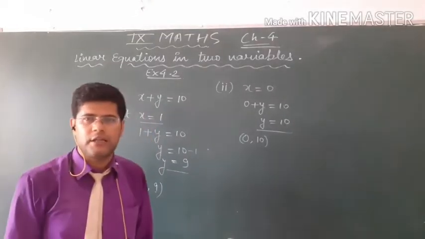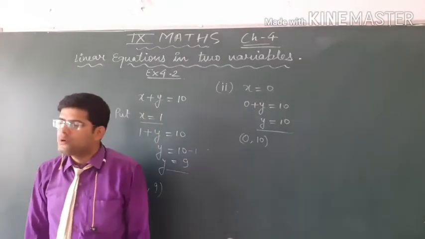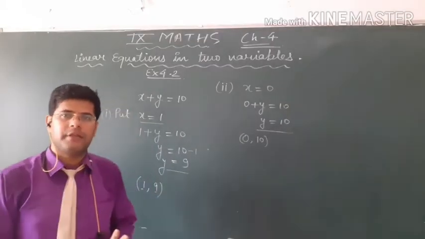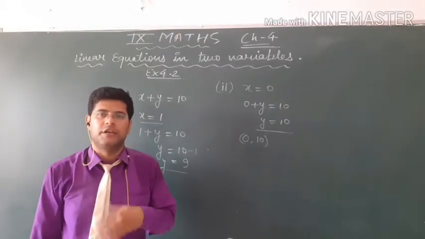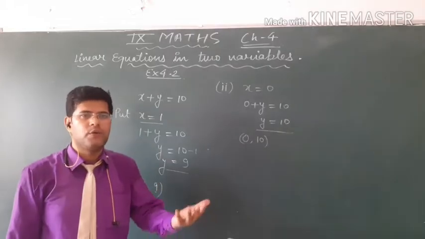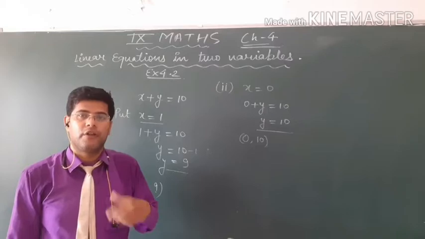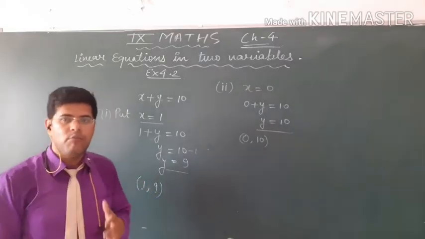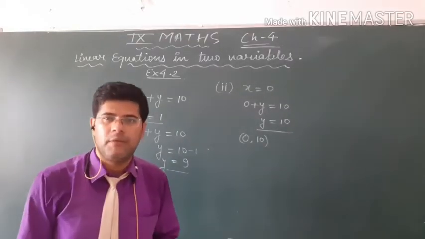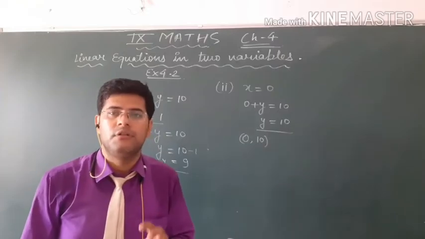How many solutions are possible? We can put x equal to anything, whether it is rational or irrational. When we put a new number in the equation, we get a new solution. When we put another number, we get another solution. How many numbers can we imagine? We can imagine an infinite number of numbers.